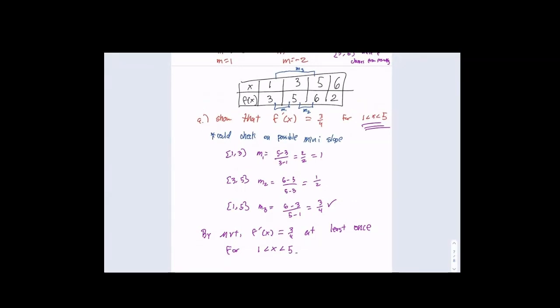Now, I'll go over this into tomorrow's work, but sometimes a table will give values of f and f prime, and then they ask you the same type of questions, and it becomes a little bit trickier.